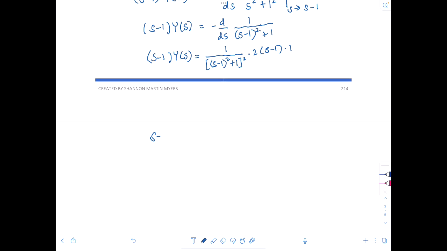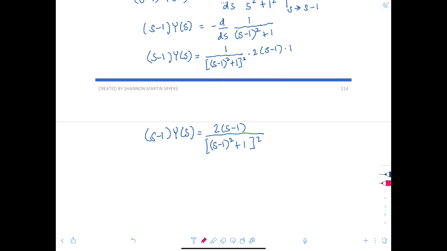So that, oh good, we've got lots of room. That's going to give us s minus 1 times capital Y at s, which is that Laplace transform. And then we'll have 2 times quantity s minus 1 over s minus 1, the quantity squared, plus 1, all of that is squared. So now is a good time for us to divide both sides by the s minus 1 on the left, right?